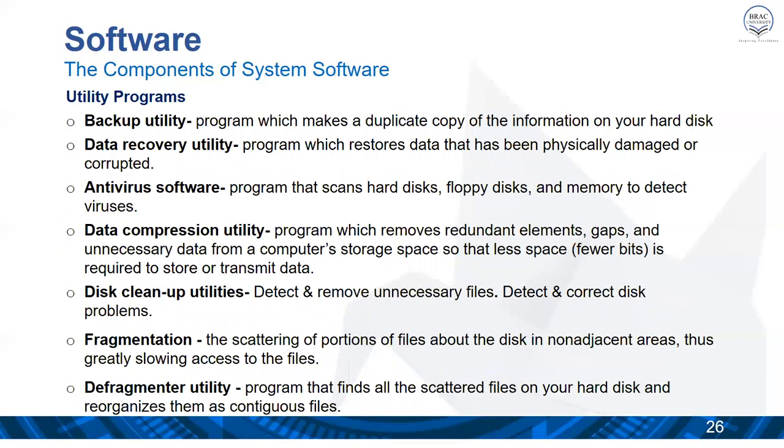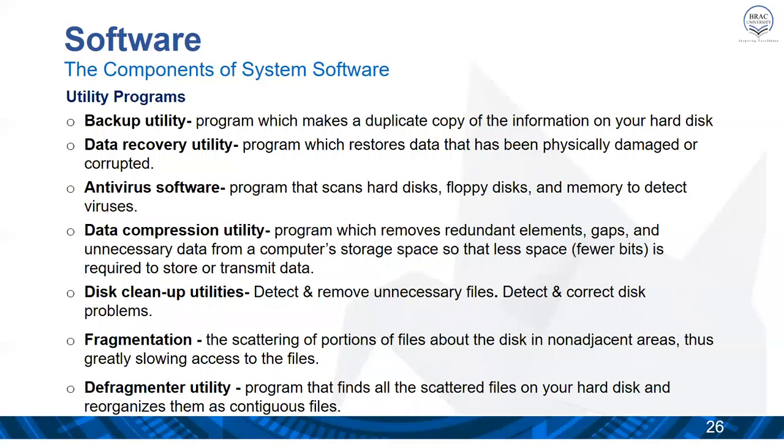The utility programs. Actually, there are so many utility programs that enhance or expand the operating system's functionalities as well as the computer functionalities. So for example, backup utility is a program which makes a duplicate copy of the information on the hard disk.